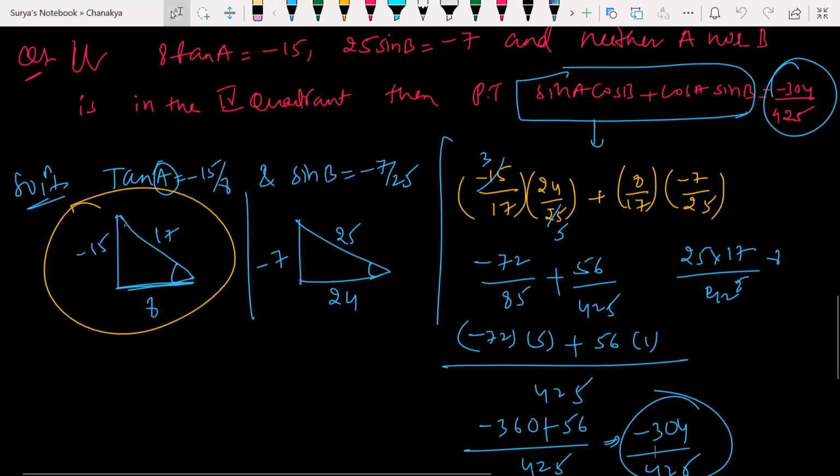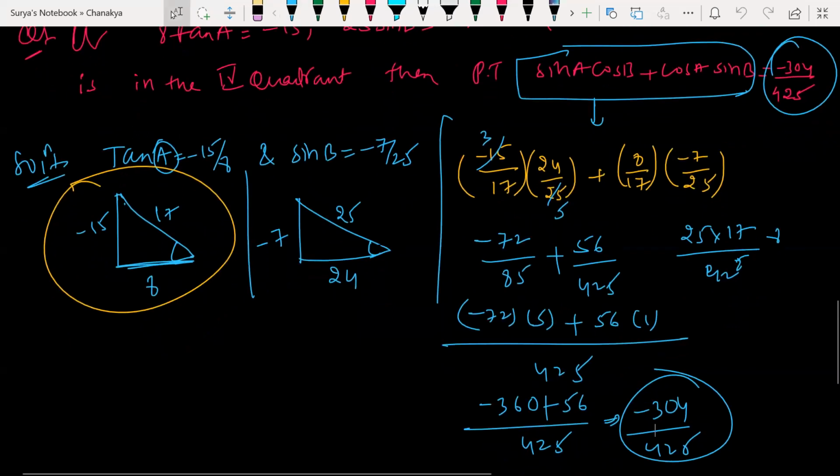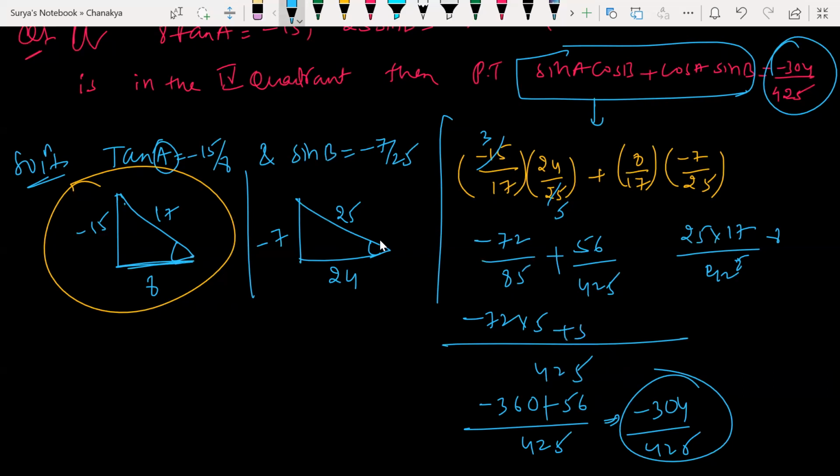We wrote minus 72 into 5 for the numerator, since 85 into 5 equals 425, correct? Yes, sir. Then comes minus 56.